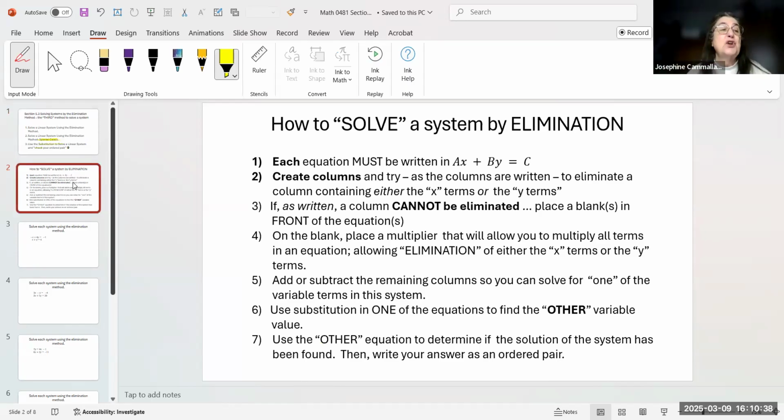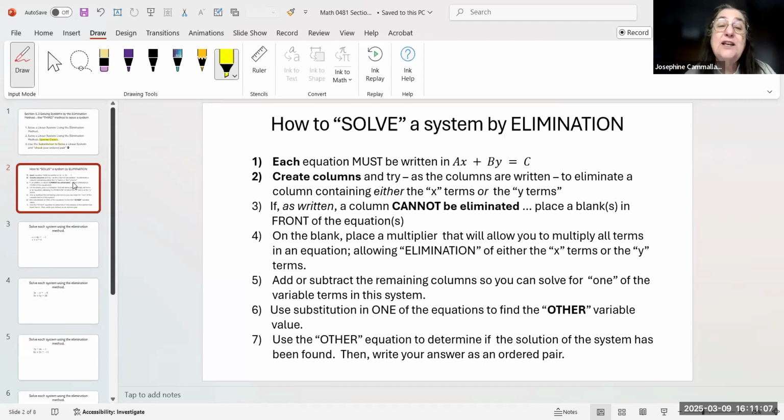Well, the first step is that you must write each equation in what they call standard form, which is ax plus by equals c. Now, you're going to create columns and try, as the columns are written, to eliminate a column containing either the x or the y term.